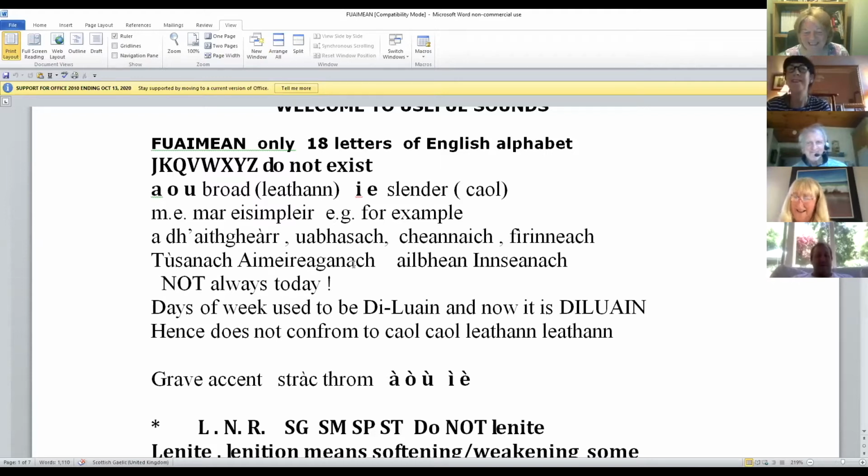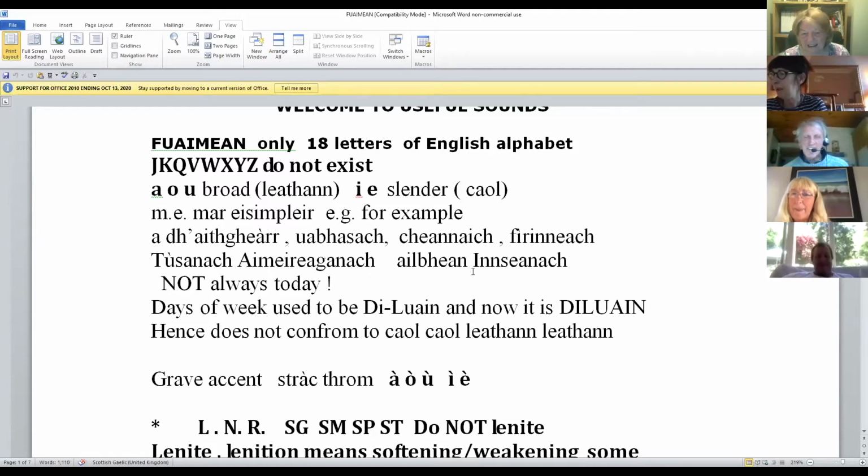That's why Gaelic's interesting. "Ailbhean Innseanach". Anybody know what it is? It's an Indian elephant. So "ailbhean Innseanach".